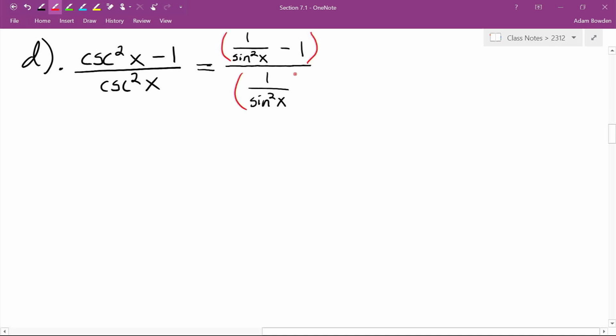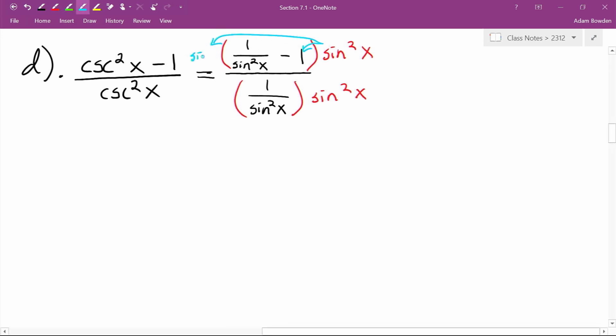And then we'll need to simplify this down. So let's multiply both top and bottom by the sine squared x. Again, we're doing this so that I can cancel out the denominators on top and bottom. If I multiply both of these on top and bottom by sine squared x, that'll allow me to cancel out the sine squared x's, and that'll reduce this down to, on top, 1 minus sine squared x all over 1.